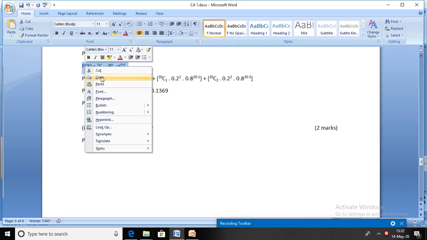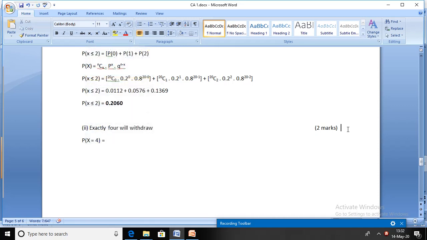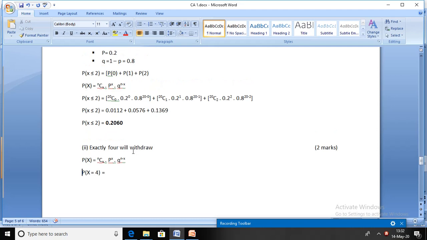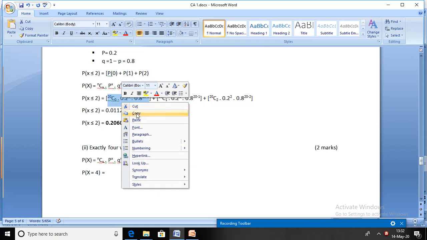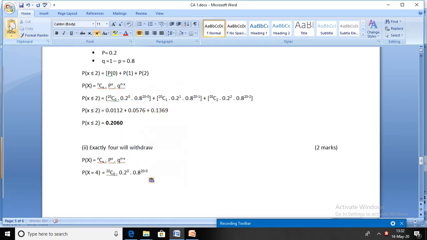Probability of x equals, that's the formula for the binomial. So where there is x, you're going to put 4. To speed up my process, I'll borrow this expression here. Where there is x, put 4. The rest of the values will remain the same except for the x value.